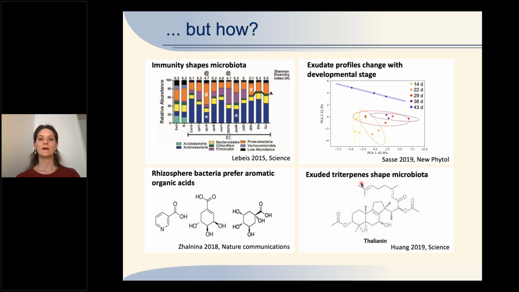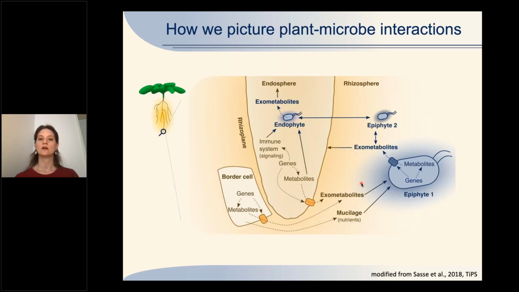So overall, we have a certain idea on how roots interact with microbes present in the soil, and this is kind of how we picture it. It's very complex, and I want to just give you a very brief idea of how we think that works. We know that microbes are sensed by plants via their immune system, which leads to gene expression changes, to changes in metabolism, and some of these metabolites are then exported into the rhizosphere.